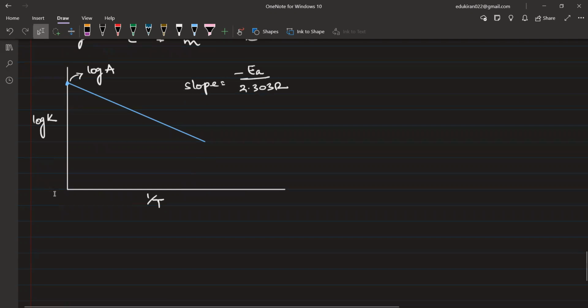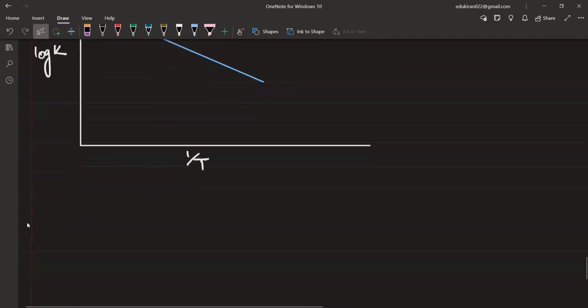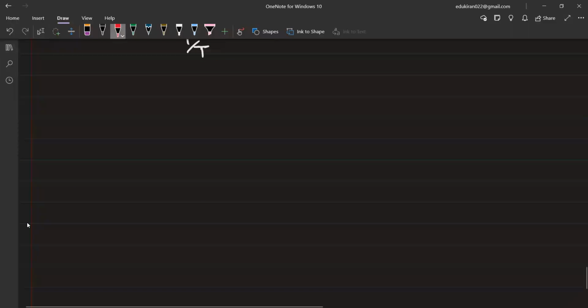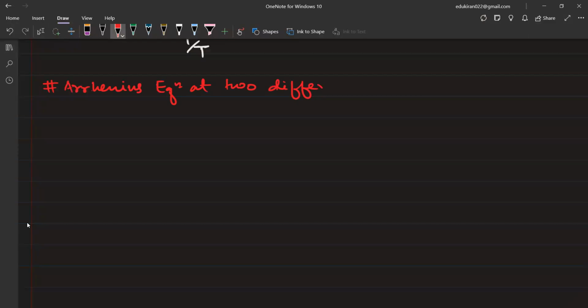All right, next, Arrhenius equation at 2 different temperatures.